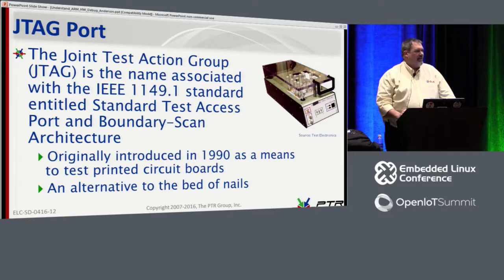There's just too many things to try and instrument in order to be successful with one of these bed of nails approaches. So what they did was they implemented the Joint Test Action Group, which is where JTAG comes from. It's actually entitled the Standard Test Access Port and Boundary Scan Architecture. But that doesn't roll off the tongue quite as well as JTAG does, so everybody just calls it JTAG.